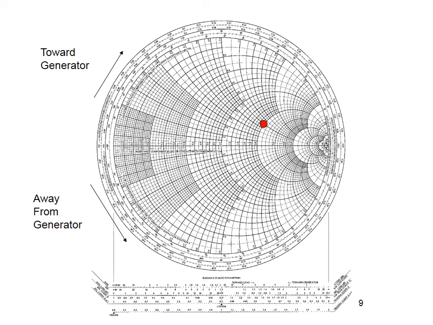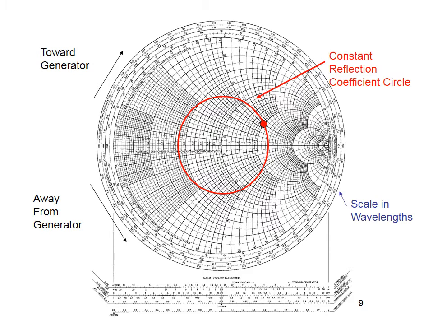This is the shape, showing how the location changes, how the horizontal and vertical lines are there, and how they are away from the generator and towards the generator. That is also possible to see from here. We can easily find how the constant reflection and the reflection coefficient can be found, whether it is placed at the source side or at the destination side.